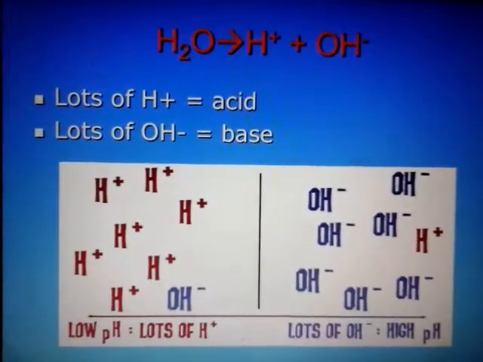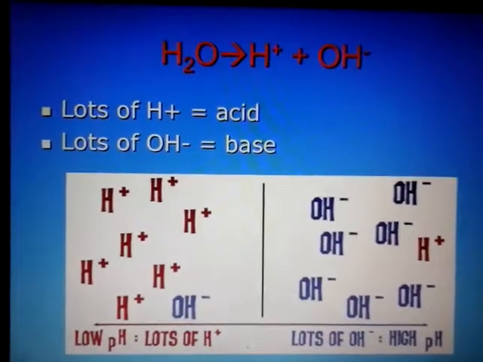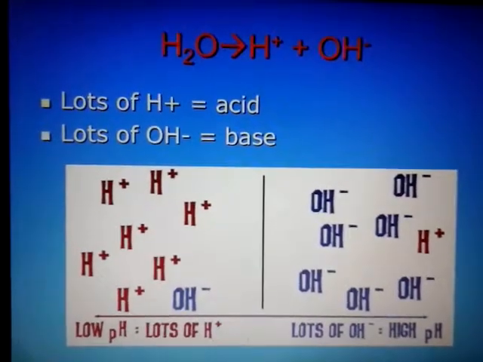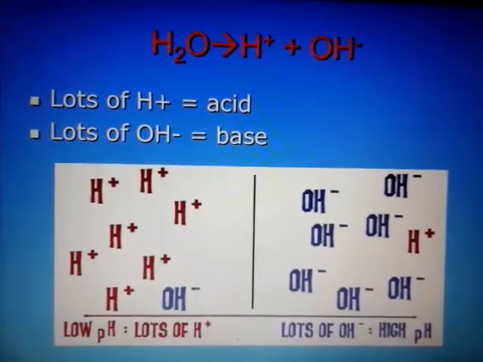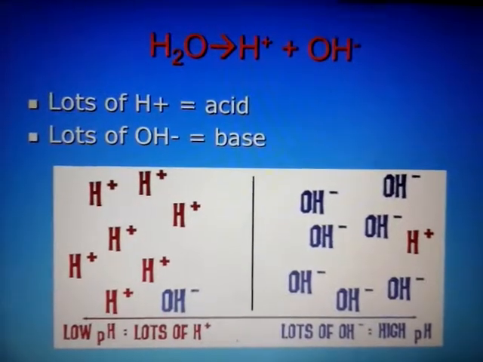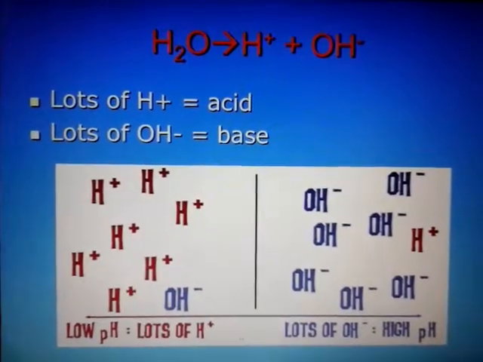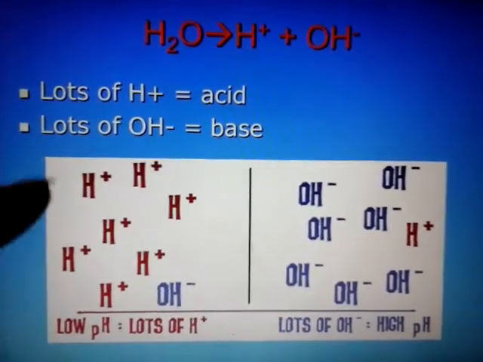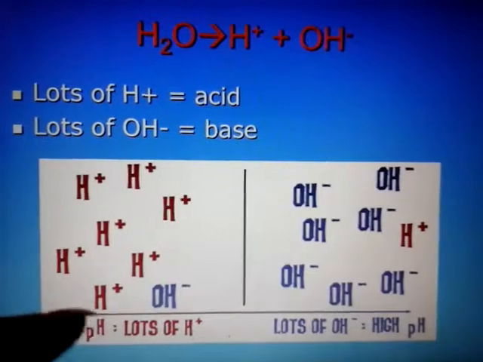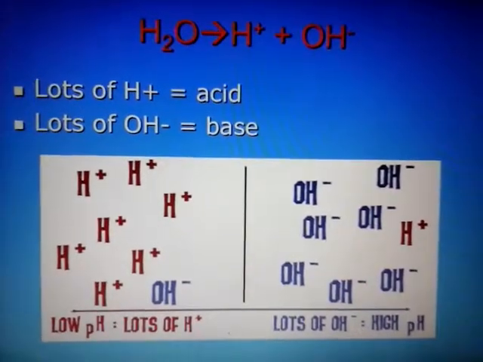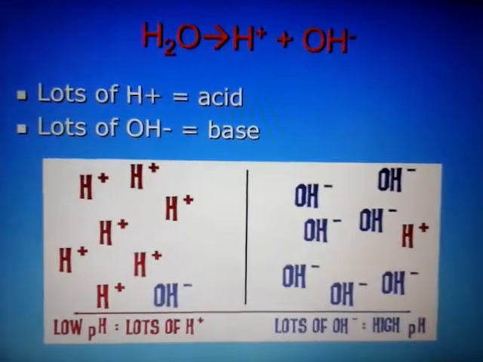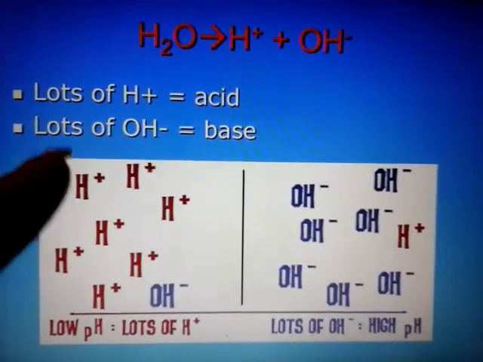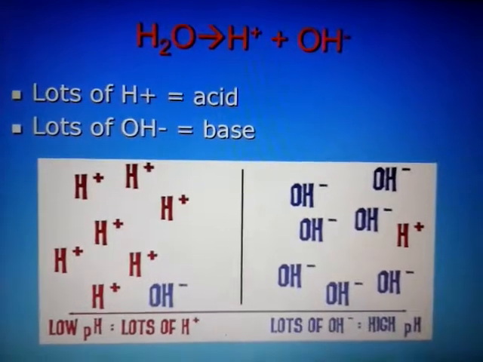So when you take hydrochloric acid and you mix it with water, the hydrochloric acid will fall apart into hydrogen ions and chloride ions. Well, the water already has hydrogen ions in it. So I'm going to add even more hydrogen ions to the water. Since I have increased the number of hydrogen ions, that means I have an acid.